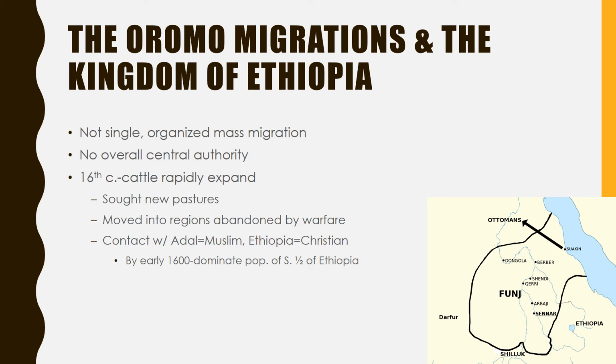And so, where they settled determined what religion they adopted. If they came more in contact with Adal, they were Muslim. If they went closer to where Egypt was in control, they became Christian. And by the early 1600s, they became the dominant population of the southern half of Ethiopia.